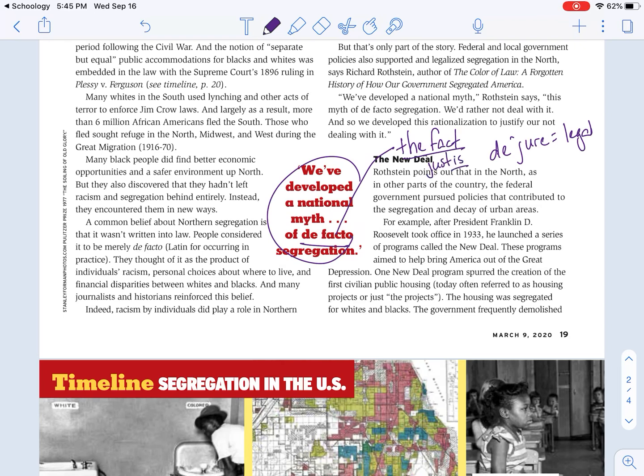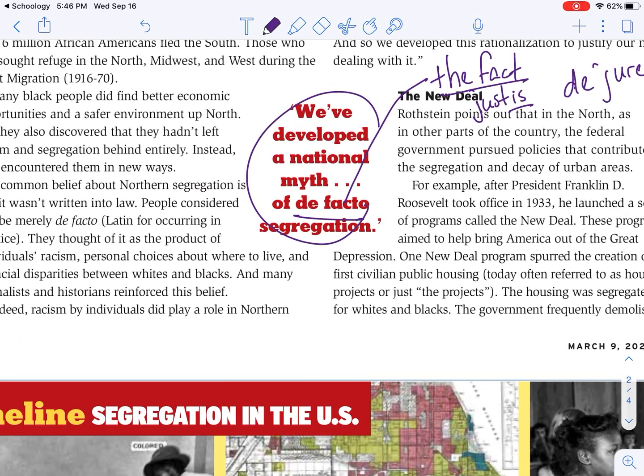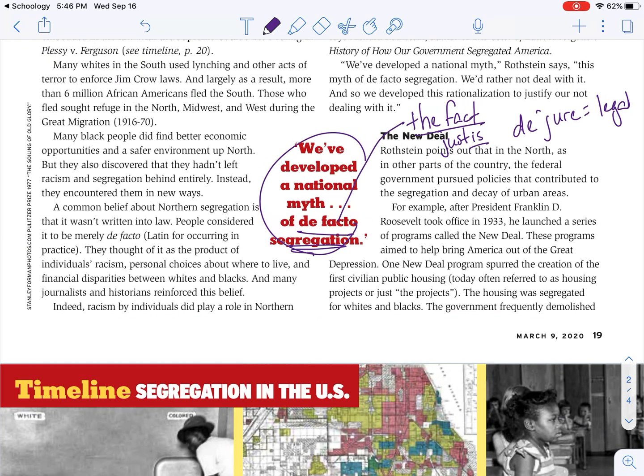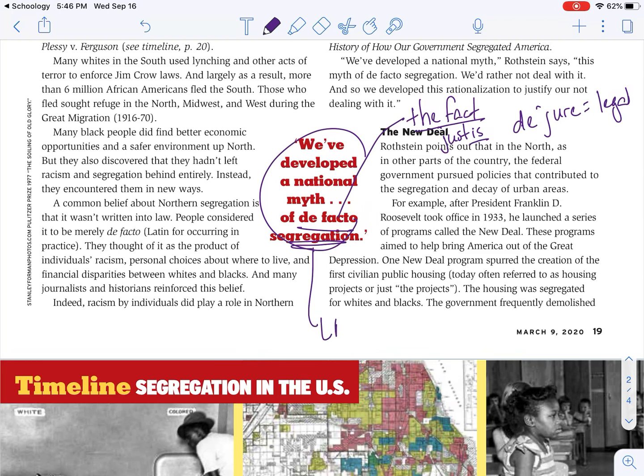A guy opens a door for a woman, not because it's a law, but just the fact is that's what's traditionally done, or at least used to be traditionally done. So we've developed the national myth that that's just the way it was. We just kind of segregated. That's just what people did. There were no laws that made it so. But I think we'll discover in this article that indeed laws and restrictions were put in place to make segregation happen.